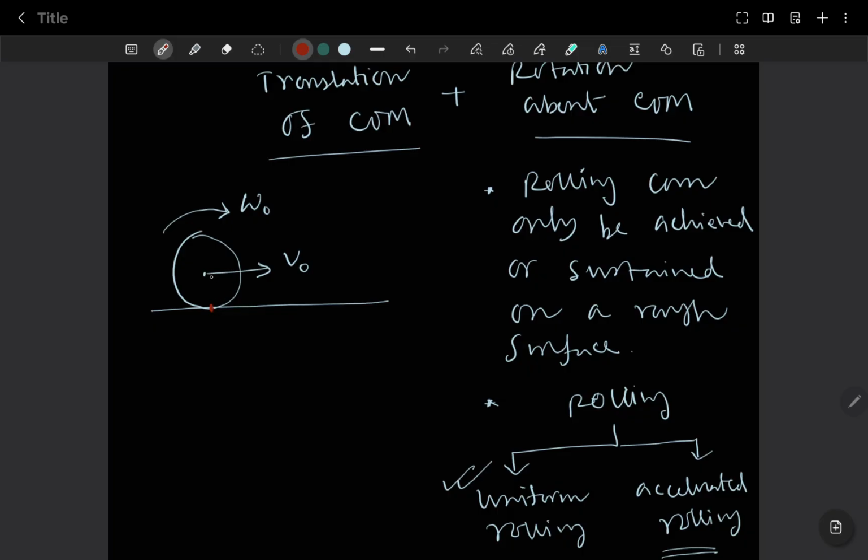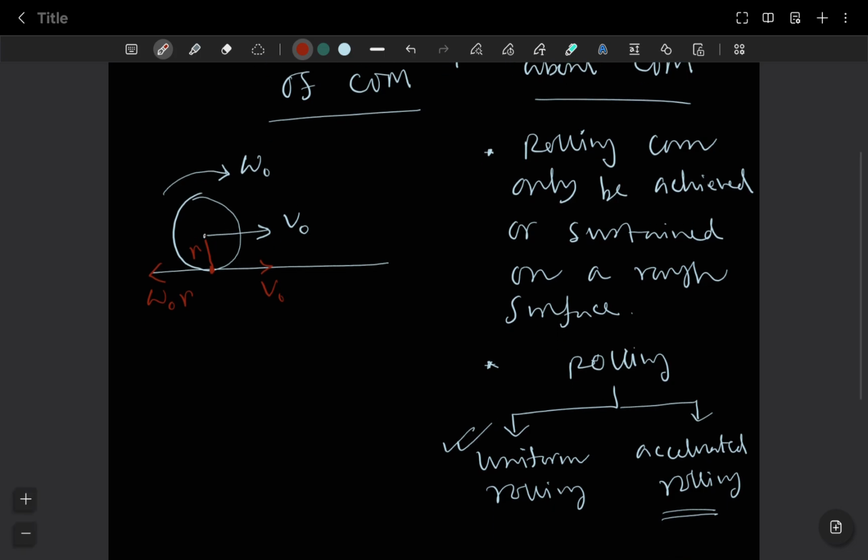As it is a rigid body, since the center of mass has velocity v0, this point also obtains translational velocity v0, and because of omega 0 this point will have a tangential linear velocity in the backward direction, which is omega 0 r, where r is the radius of the object which is going to roll on the surface.